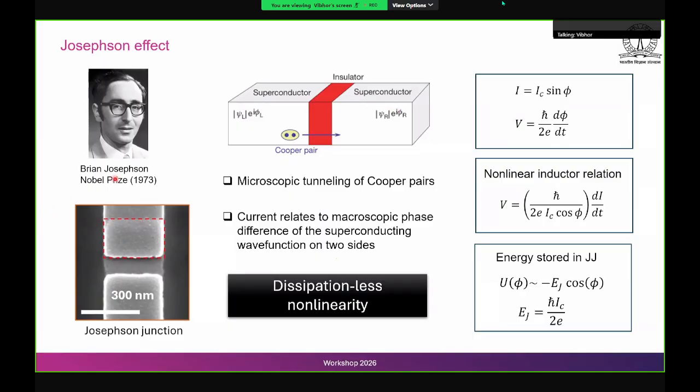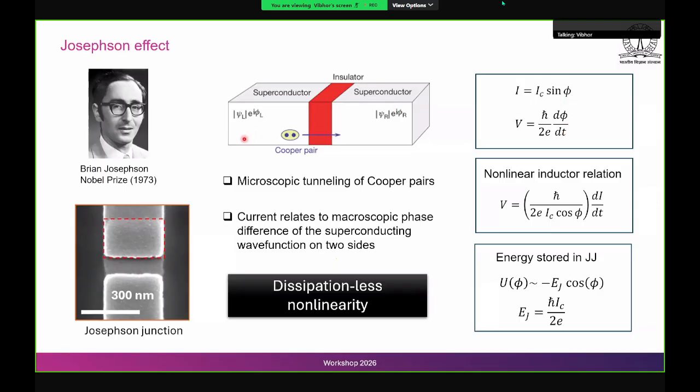Brian Josephson, who won the Nobel Prize for this pioneering work, derived these relations, which dictate what the Josephson effect current-voltage relation should be. The first relation tells you that there is a maximum current which can flow through this, and that's IC. And what this does is that if you try to push a current I through it, the two sides of the superconductors will develop a phase difference given by this parameter phi.